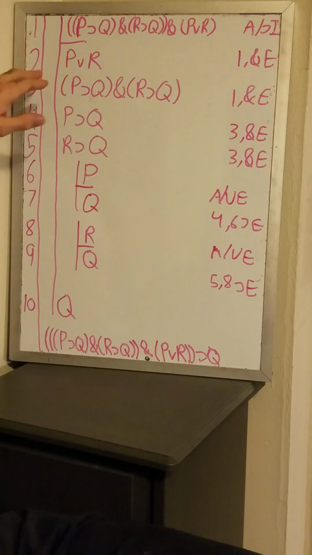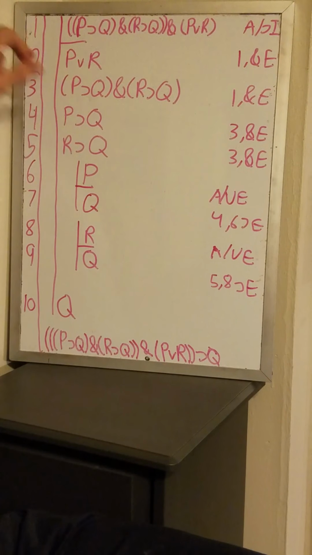And again, we cite the line number of the original disjunction, 2, as well as the two subderivations, 6 through 7 and 8 through 9. So disjunction elimination.